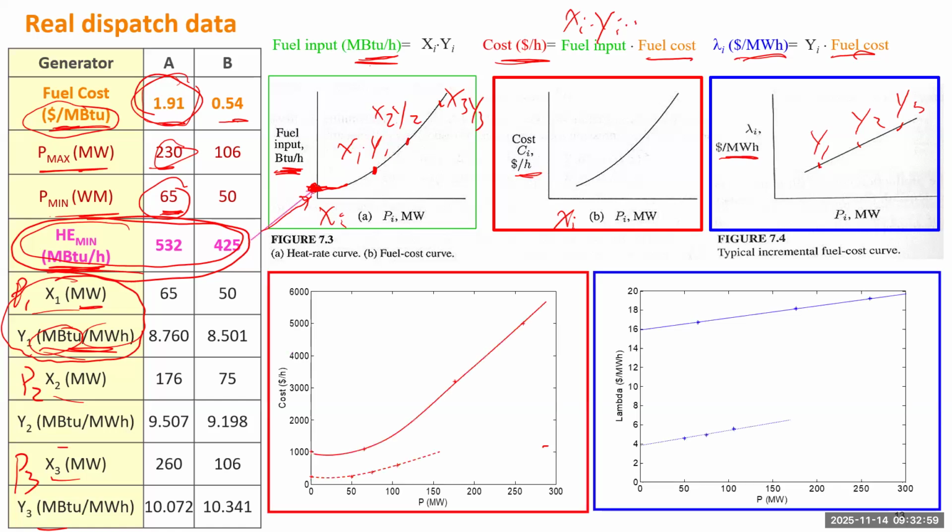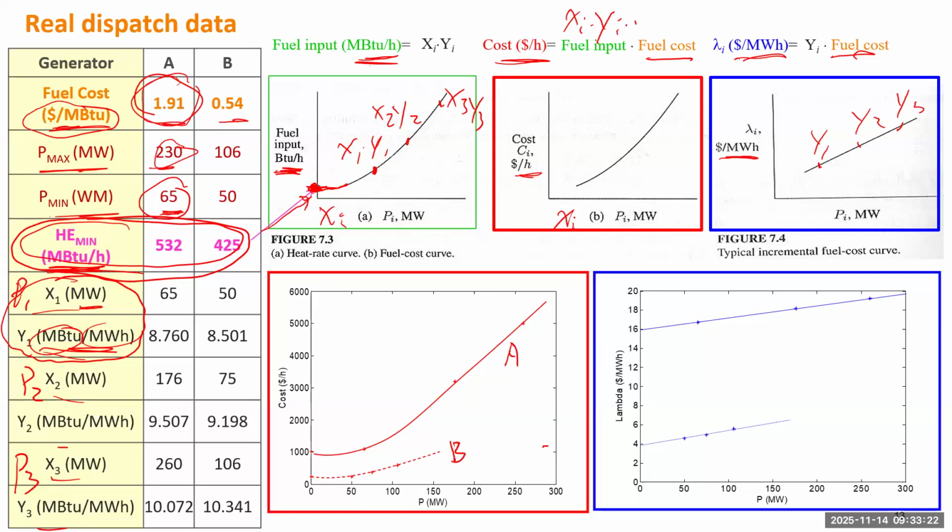All right. Okay, so this is the answer. I just utilized those formulas to create those curves. So you can see there are 2 cost curves. This is unit A and unit B, and A costs more dollars, right?